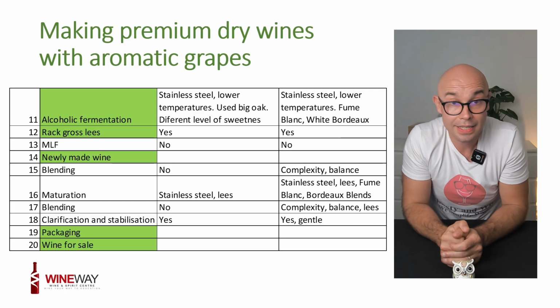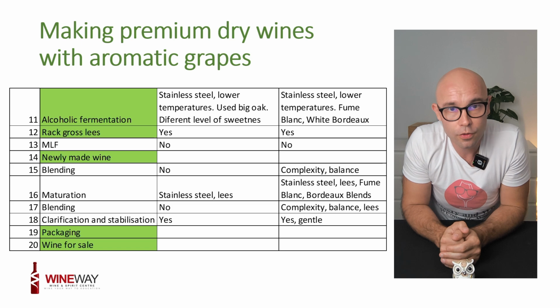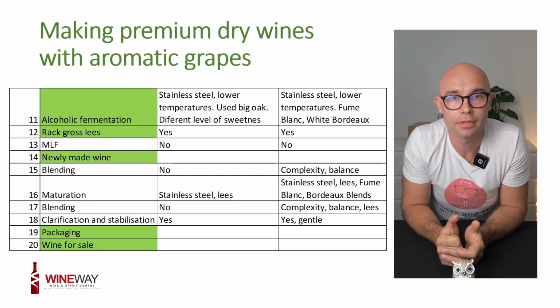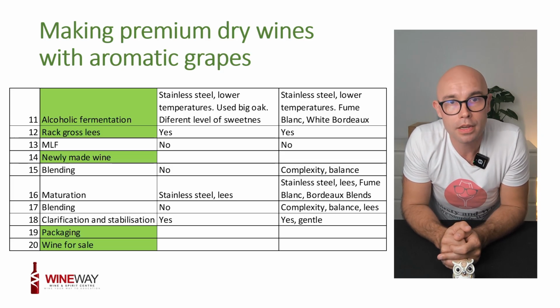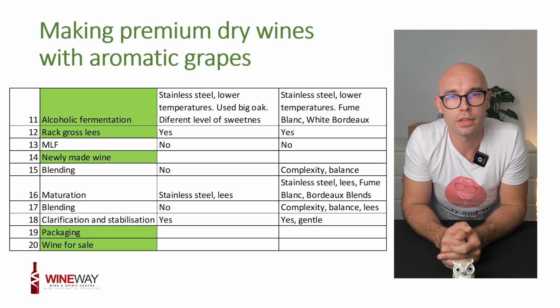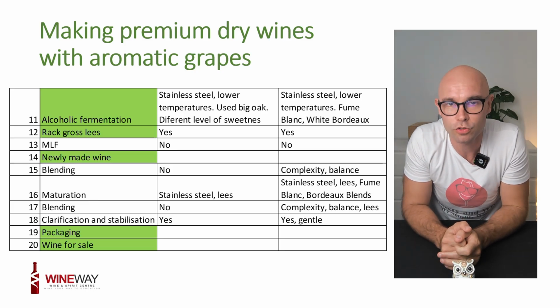Alcoholic fermentation in stainless steel. Riesling doesn't age or ferment in oak, but in Alsace they can ferment the wine in big, very old used oak barrels that basically give a little bit of controlled oxidation but don't give any flavor.